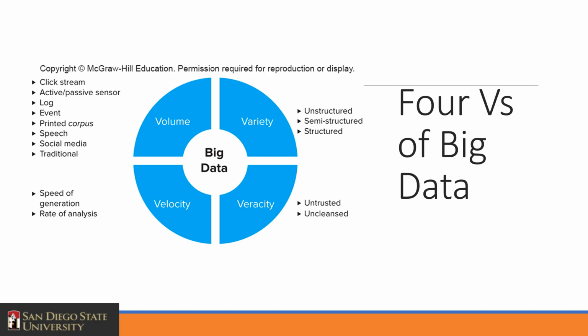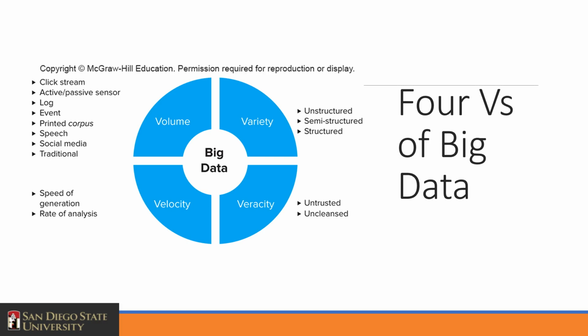Big data usually comes in a big volume and could be generated from logs, events, social media, from different resources, and could come in various formats. Could be unstructured, semi-structured, or structured. Structured databases are organized and easy to use or analyze.